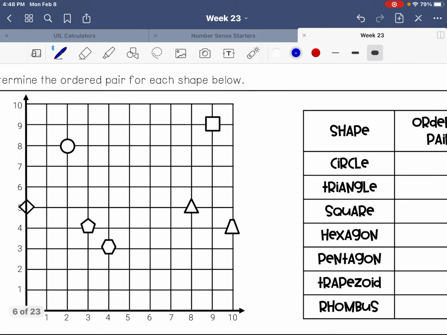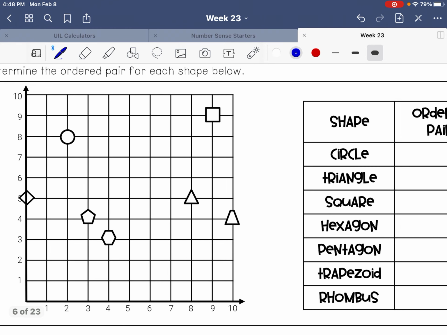All right, so let's talk about this graph right here. This graph is only quadrant 1 of a graph. It is not all 4 quadrants like we normally see. And so all of our ordered pairs will be positive numbers because they are only on the positive part of the graph. So let's look for the circle. The circle is here.